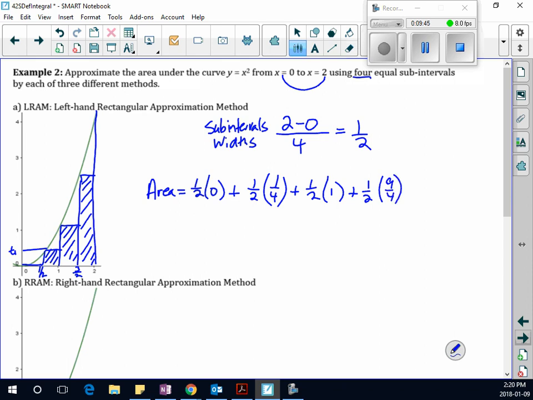Okay, and then I'm going to add this all up. So I get 0 plus 1/8 plus 1/2 plus 9/8. 1/8 and 9/8 is 10/8, and a half is 4/8, so that'd be 14/8, which is 7/4. Yes?